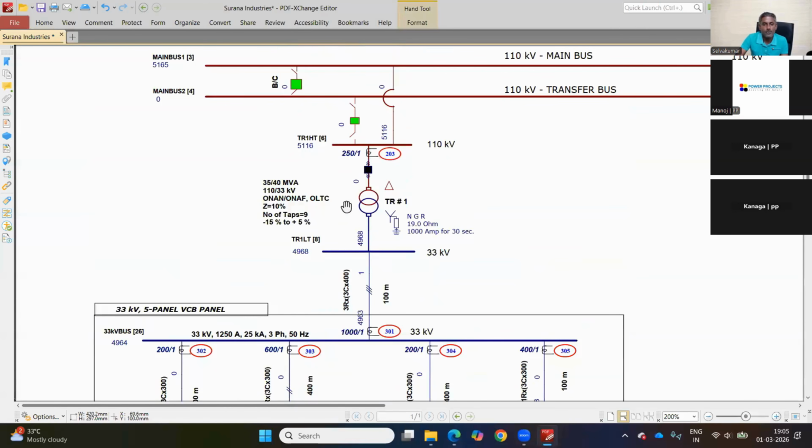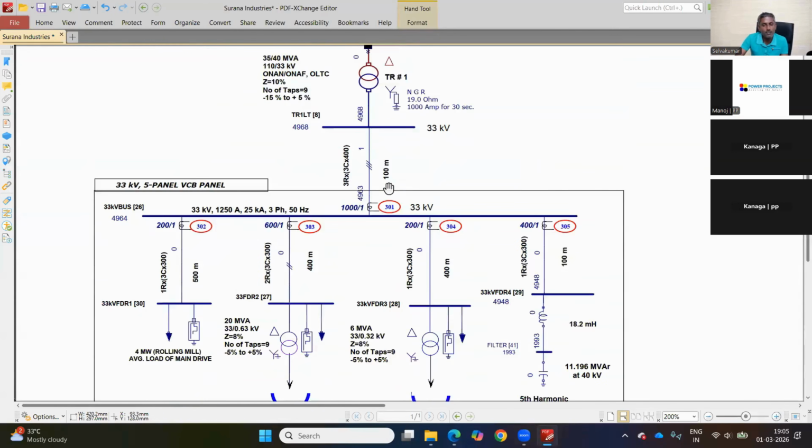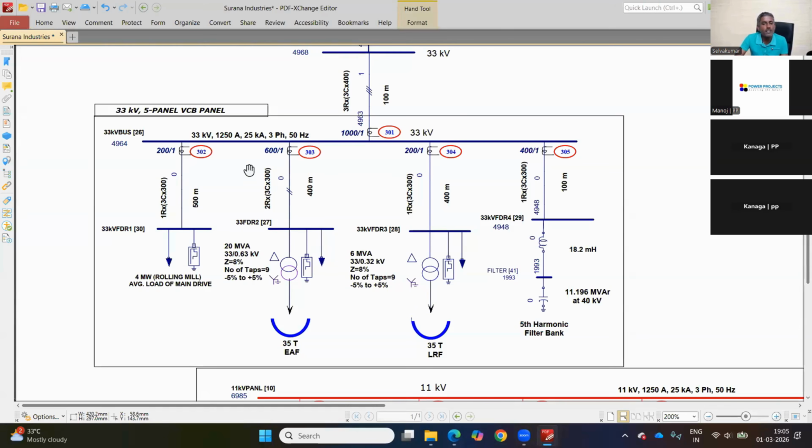The transformer is 35/40 MVA. So at least a 25 megawatt load from just three major loads in the steel industry.